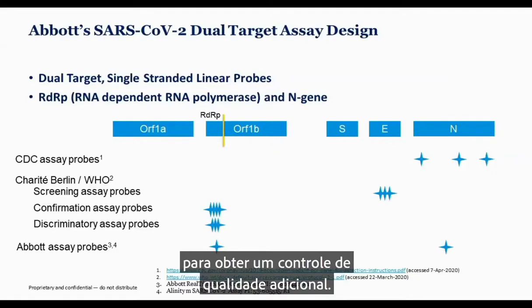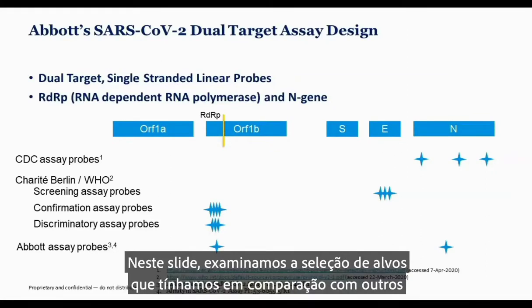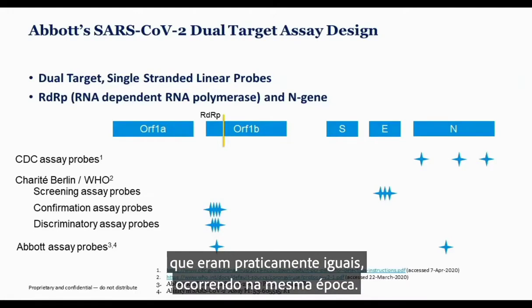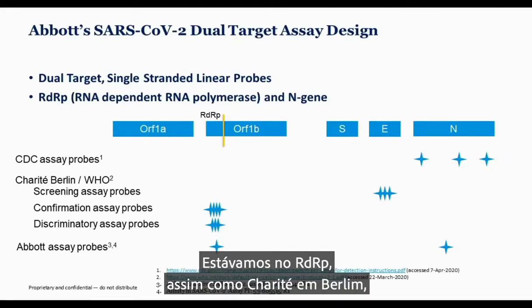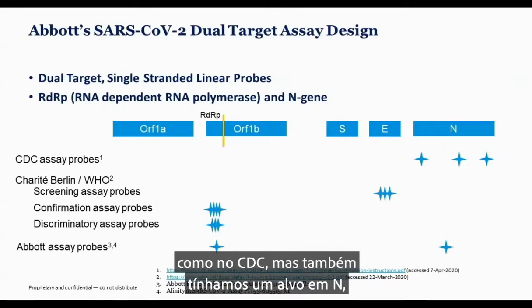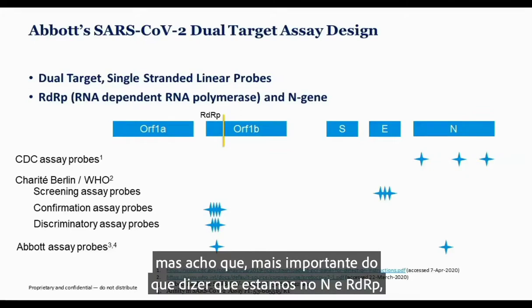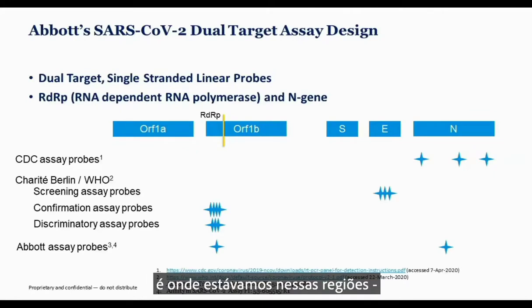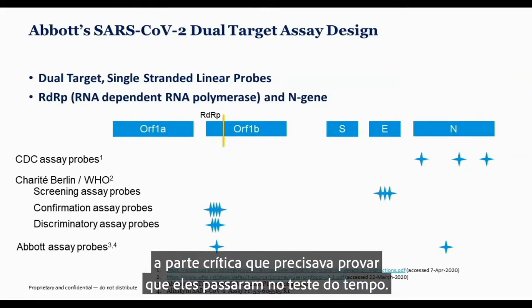So on this slide, we look at the target selection that we had versus some of the others that were coming out around the same time, and we see that we were in RdRp, so was Charité in Berlin, as was the CDC, and we also had a target in N. But I think more important than just saying we were in N and RdRp is where we were in these regions; that is the critical part that needed to pass the test of time.